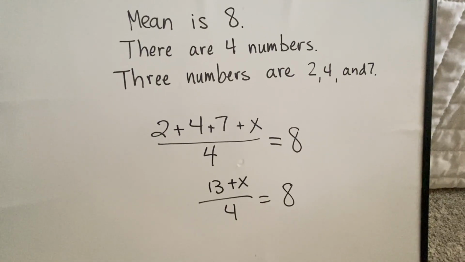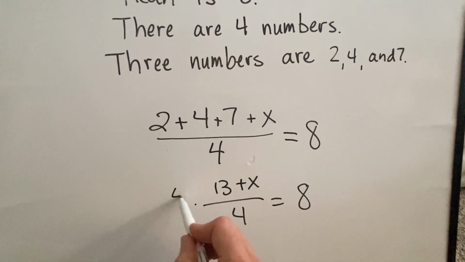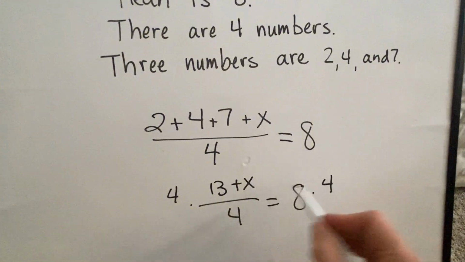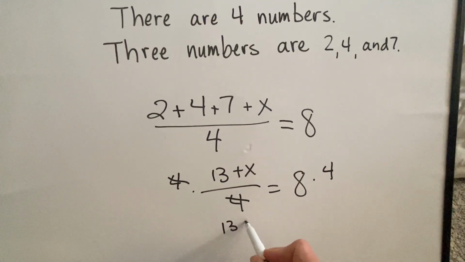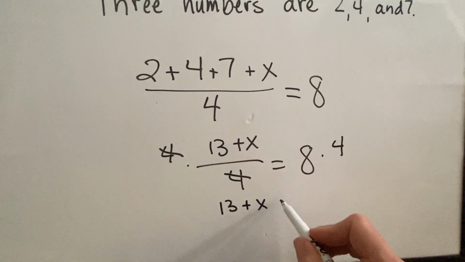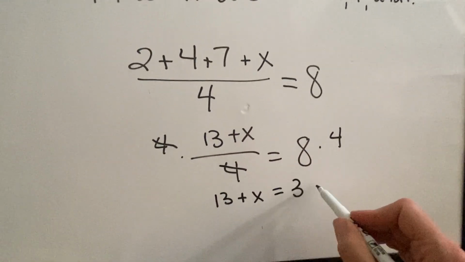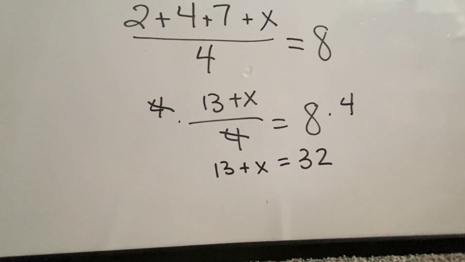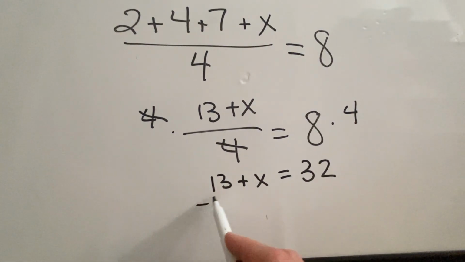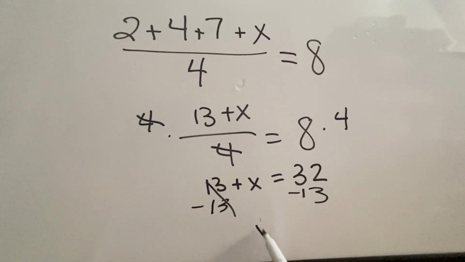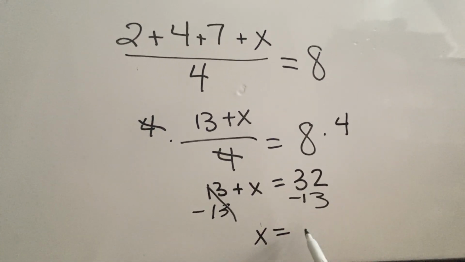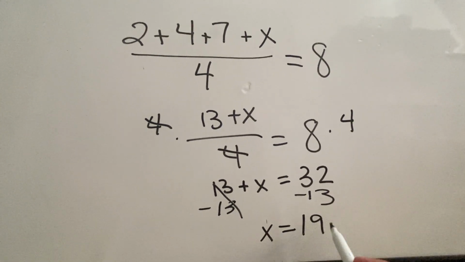All right, are you with me so far? We want to move this 4 over here to get it out of the denominator. So then we have 13 plus x equals 32. Now we want to subtract our 13 to get it off of this side. We're going to have x equal 19.